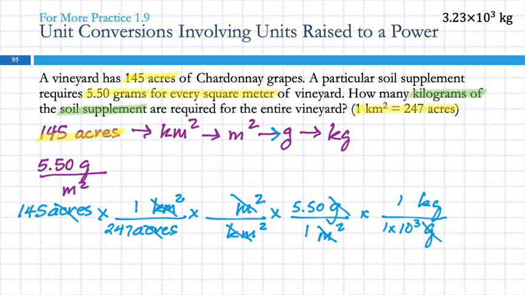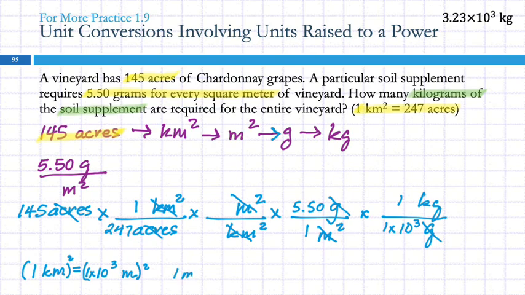Then we need to do this squared thing. So let's just make a little note to ourselves off to the side here. I've got kilometers, and I'm going to meters. Kilo means 10 to the 3. This is squared, so I have to square the whole thing.